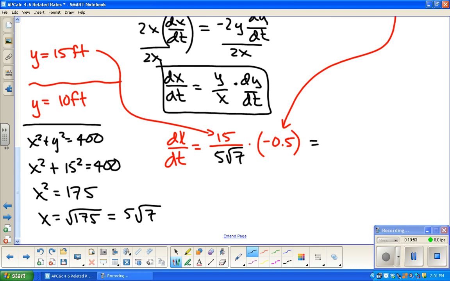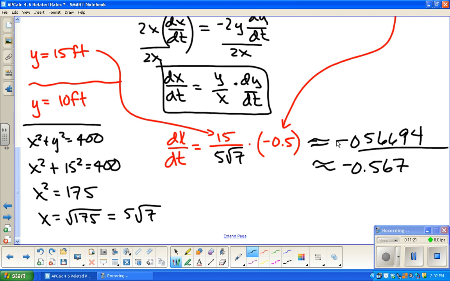Okay, so I'm going to go ahead and just type this into the calculator. We could play around with it and get an exact value, but I don't really care. So we get negative 0.56694. If we go to 3 decimal places, which is what AP generally likes, negative 0.567. Now you can keep more on the AP exam, that's fine.